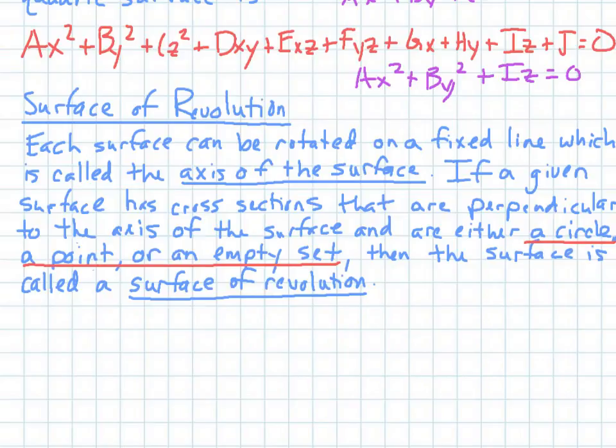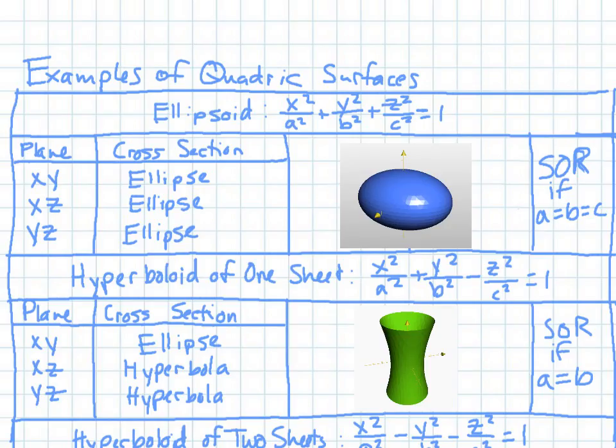You always get one of those things, not all at the same time, but one of those for each cross-section, and then it's a surface of revolution. We'll try to show you what we mean in class, because you can't make anything rotate on this video, but we'll do that as best as we can in class so you can understand what that means.